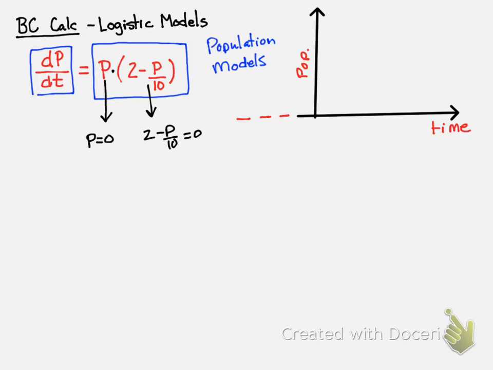Also, when 2 minus p over 10 is equal to 0, or when 2 equals p over 10, or when p equals 20, we will also have 0 growth rate. So we could also draw horizontal slopes here.